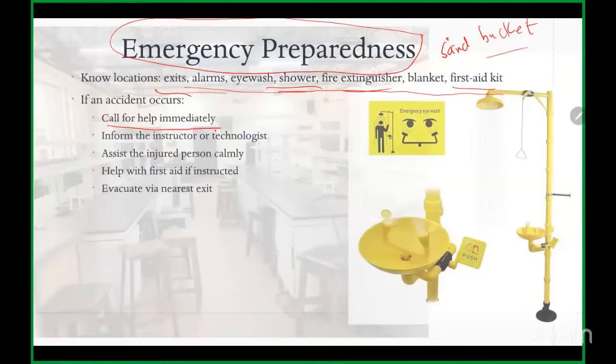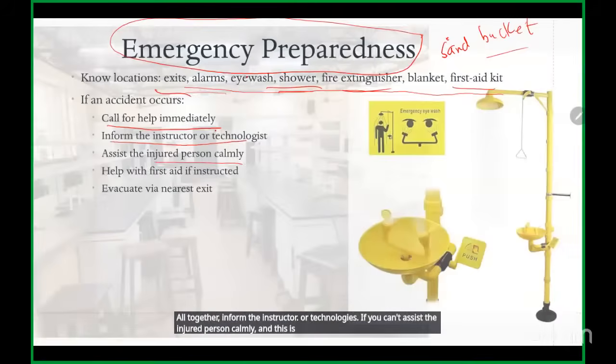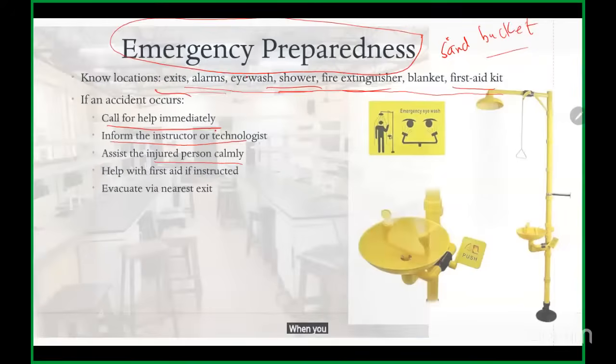Inform the instructor or technologist, and assist the injured person calmly. And this is even for all of us. If there is an accident, please do not just raise alarm. When you raise alarm, you're causing more panic, and panic is not good anywhere, whether in the lab or out of the lab. Please, and evacuate via the nearest exit.